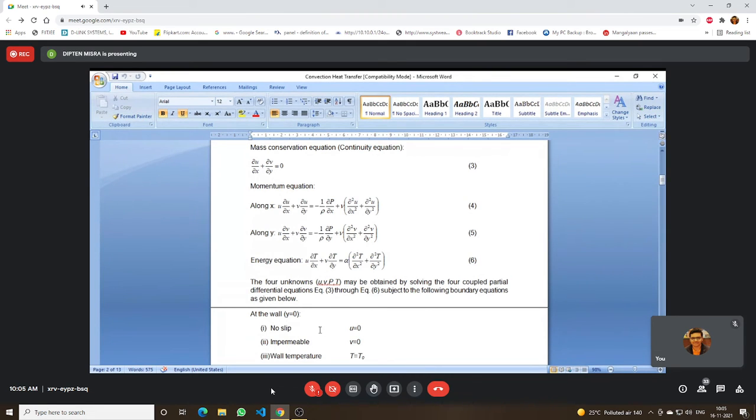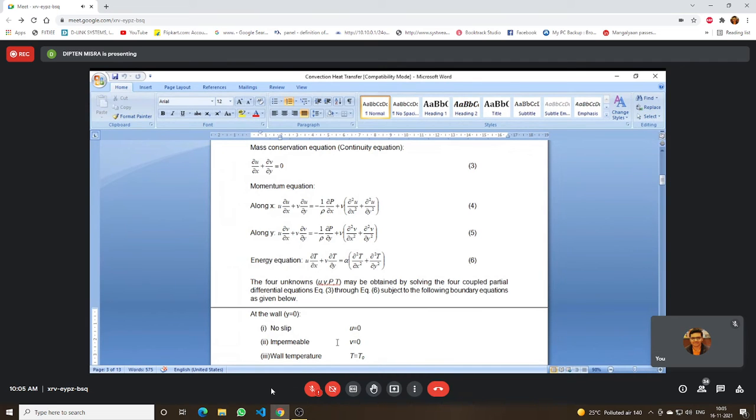This is due to a characteristic known as the no-slip characteristic of the fluid. So when the wall is stationary, the velocity of the wall is 0, so is the velocity of the fluid along x.